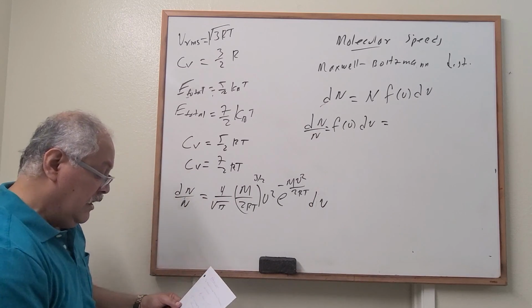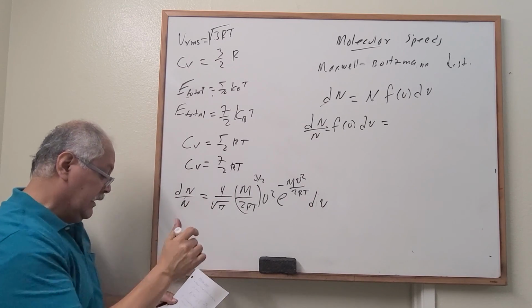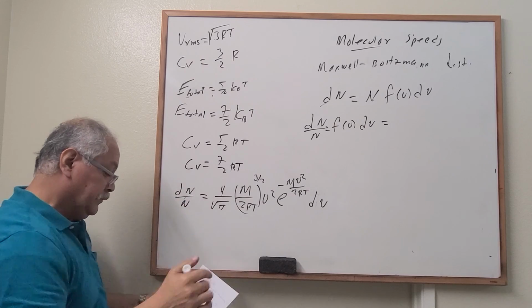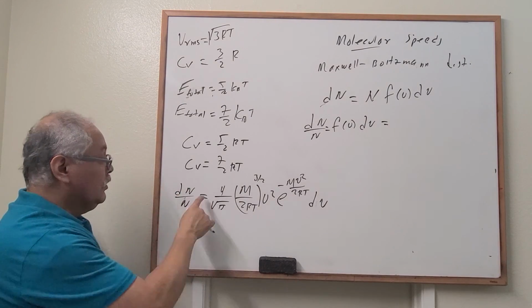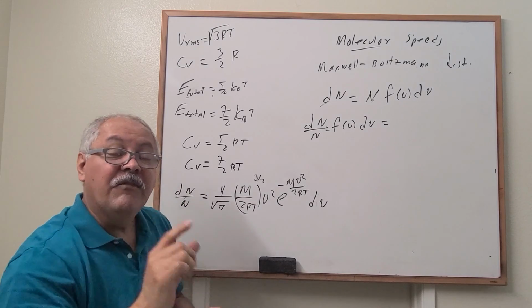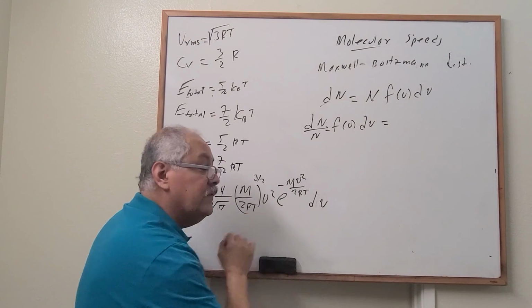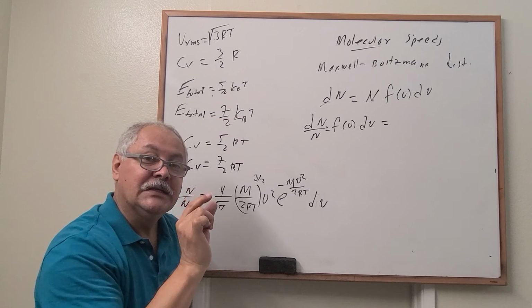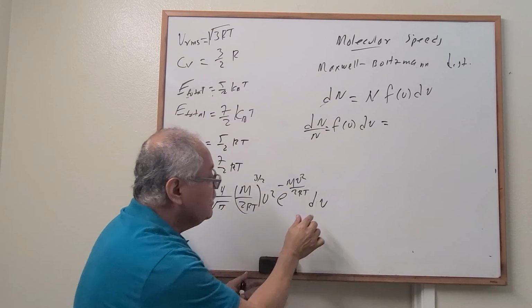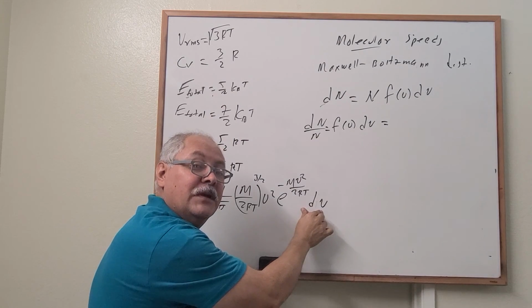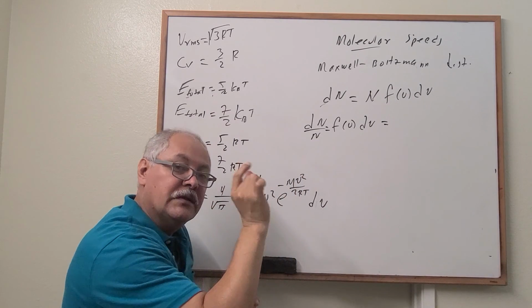The meaning of this quantity is that it represents the fractional number of molecules with a velocity in the range of dv. So this is a small fraction of particles with velocities in the range of dv.